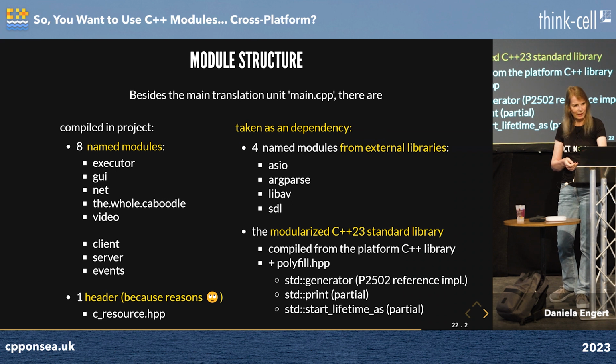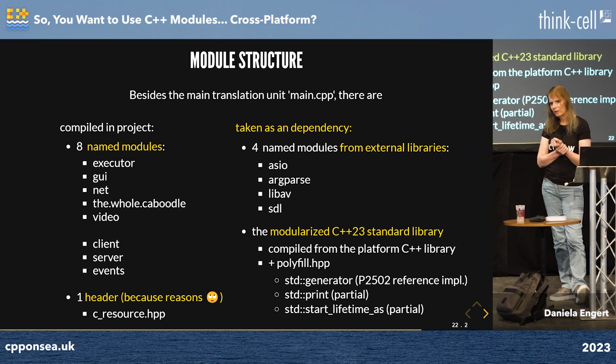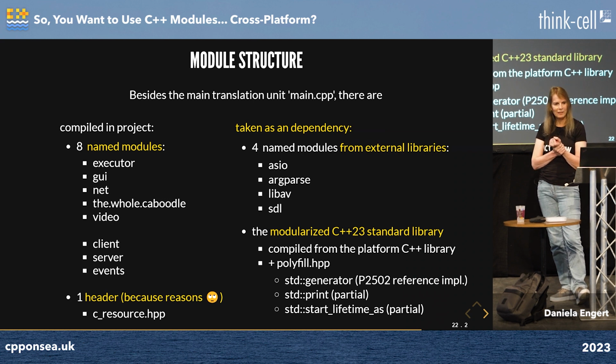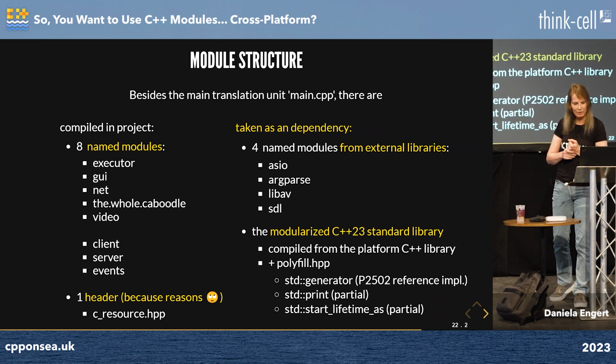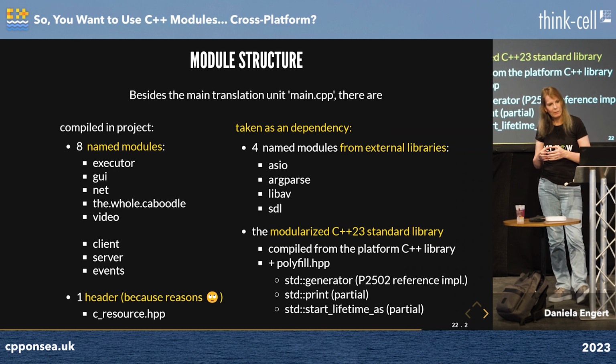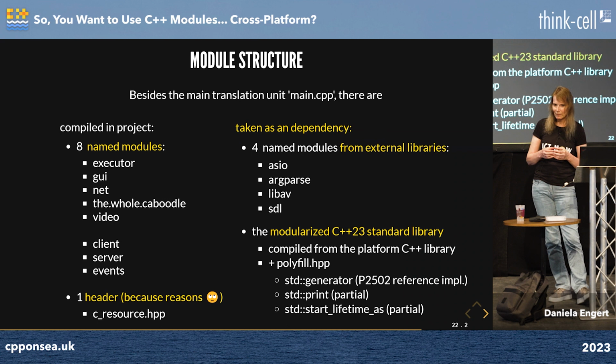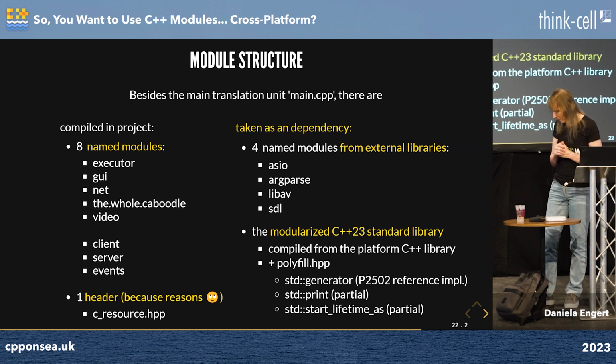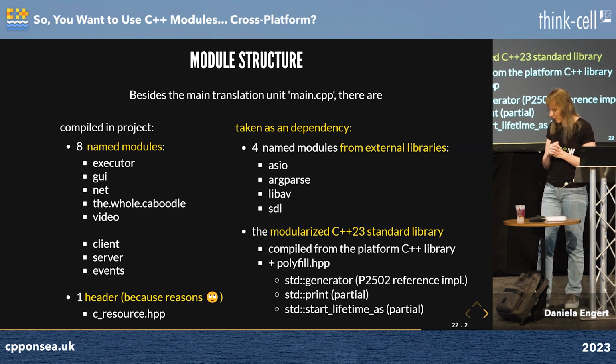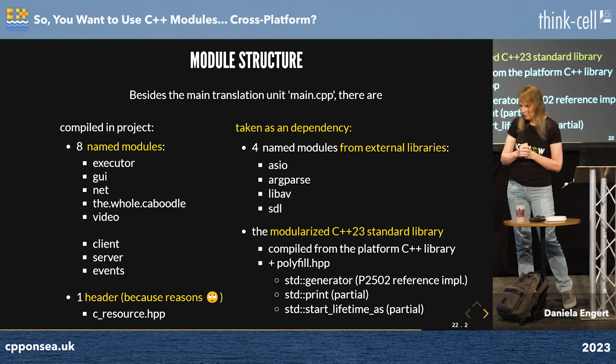In addition to that, I had to add a little bit of polyfill, that are the missing pieces that are not yet implemented in the standard libraries of both libstdc++ and the Microsoft STL implementation. And this is the generator, gladly given to us by Casey Carter from the Microsoft team.